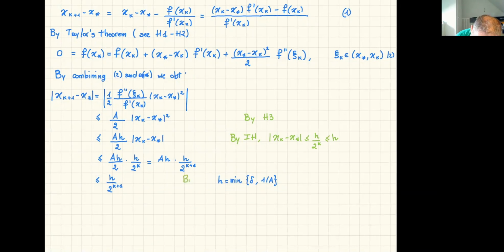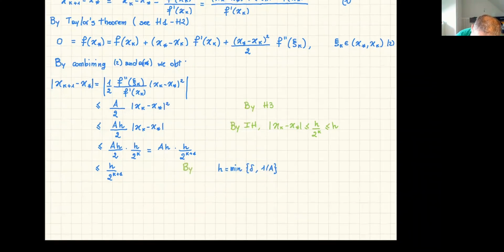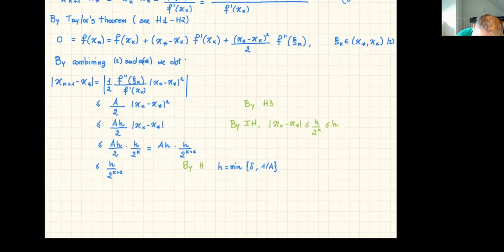By hypothesis 4, we have that. And that means two things, so you have either h is equal to delta, it's equal to 1 over a. That's one possibility.